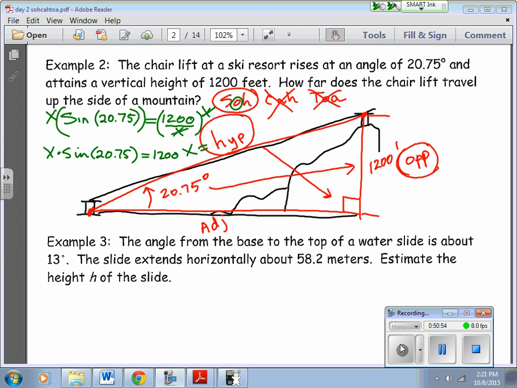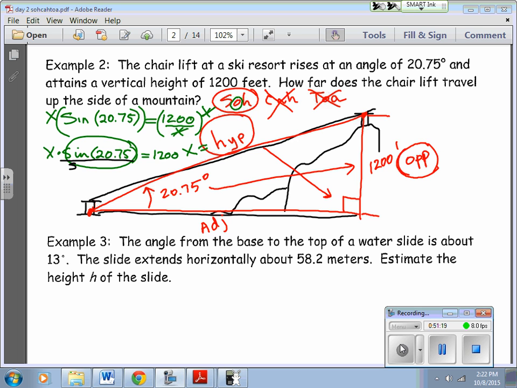I've got one more step. If I'm multiplying by the sine of 20.75, I want to get the letter x to be alone. What do you think I could do right there to get x to be alone? Divide by all of that, okay?